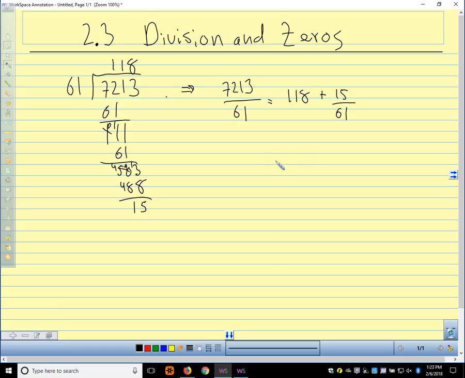Another way we can write this, which is going to be more useful for us: if I multiply both sides of this equation by 61, I get 7213 equals 118 times 61 plus 15. These two things mean the same thing.